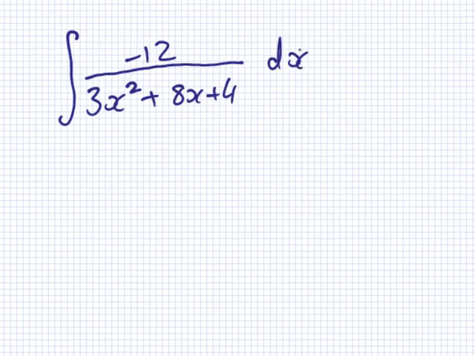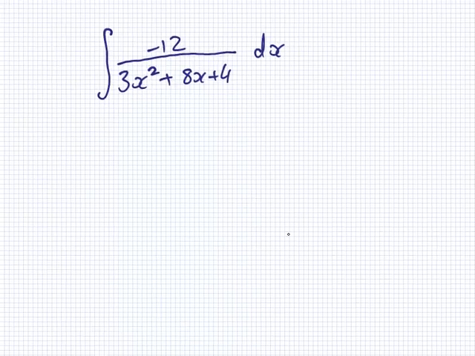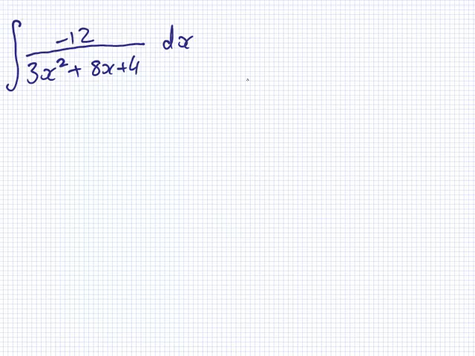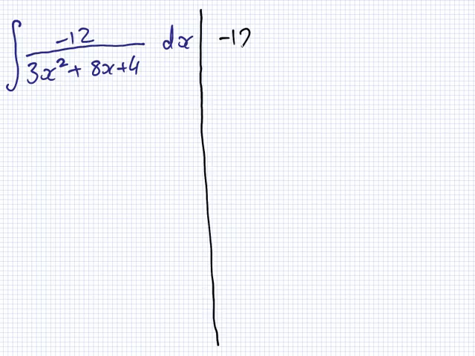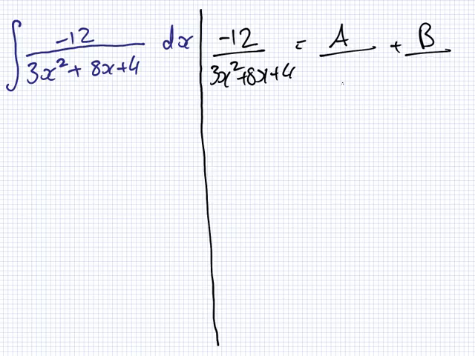If we want to solve problems like this, where we have to integrate, we're going to have to do what we did in the last lessons, which is simplify. So we can say minus 12 over 3x squared plus 8x plus 4 equals a over something plus b over something.